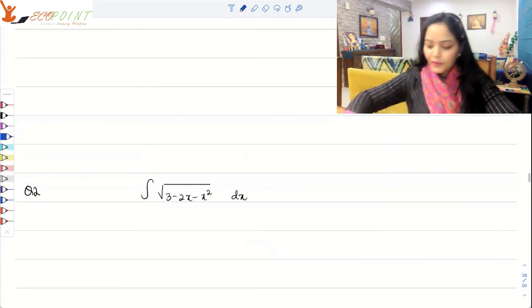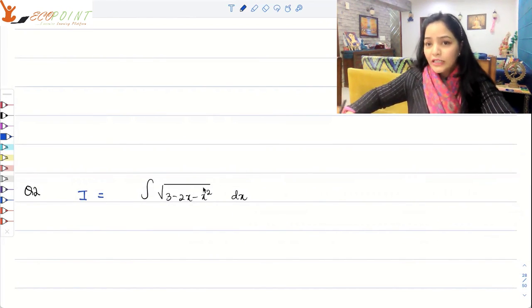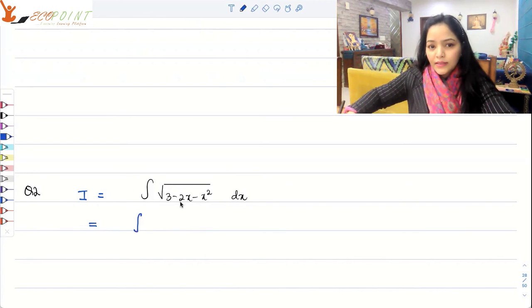Let's take another example here. Let's take an example where the integral I have to integrate is the integral of square root of 3 minus 2x minus x squared. Again, we can create a whole square here. Since I have minus 2x minus x squared, keeping 3 here as it is, minus 2x minus x squared minus 1 plus 1.